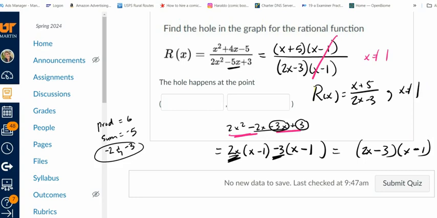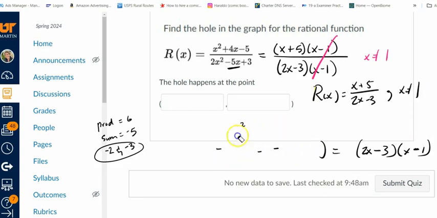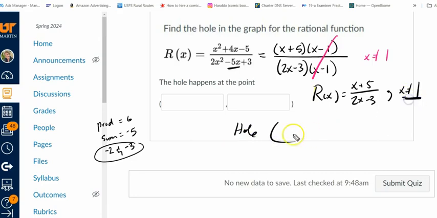So where is the hole? The hole happens where we had the cancellation. So the hole is going to be at x-coordinate 1 and y-coordinate when we plug in 1 for our refined function.